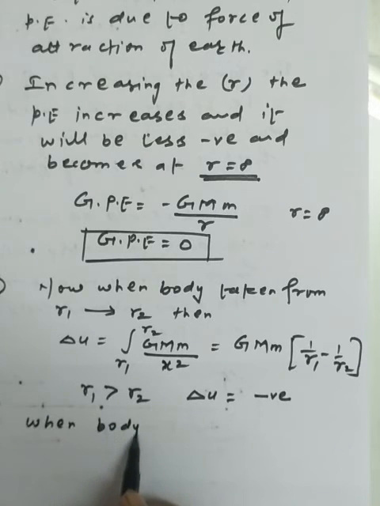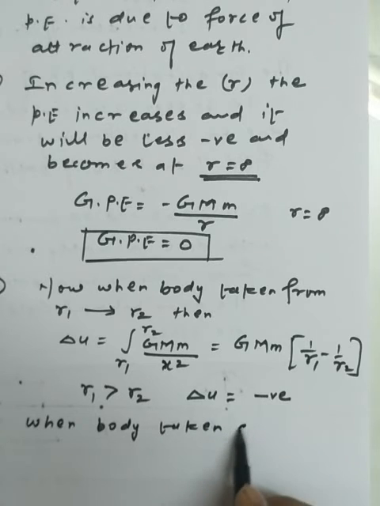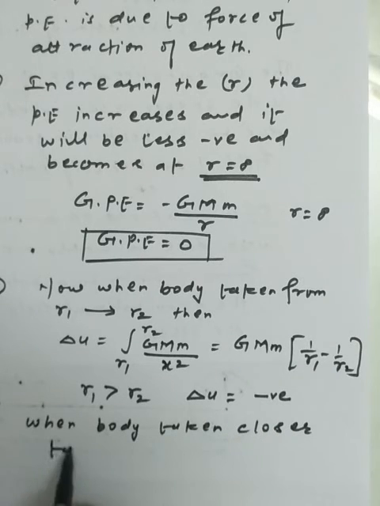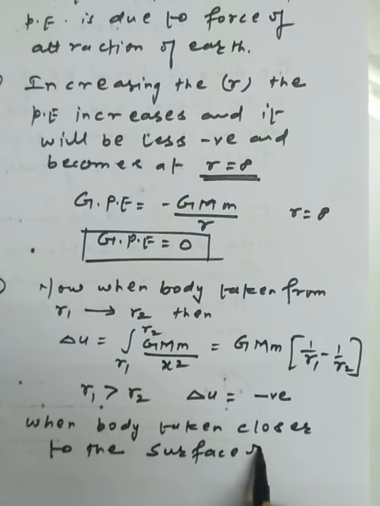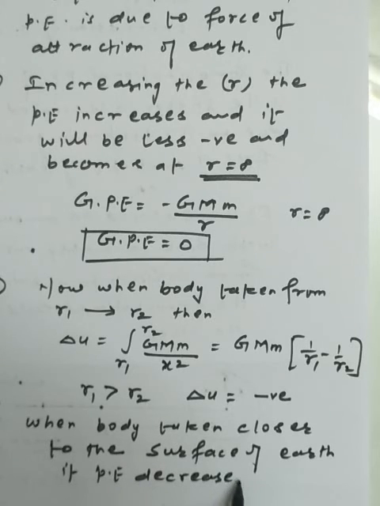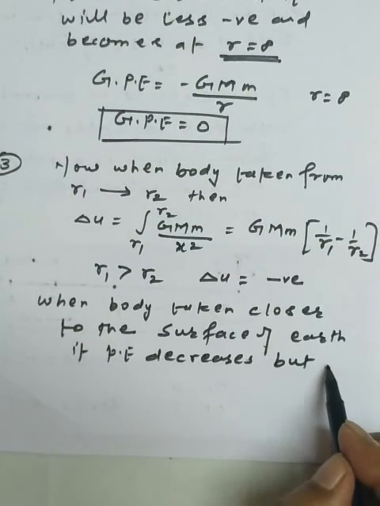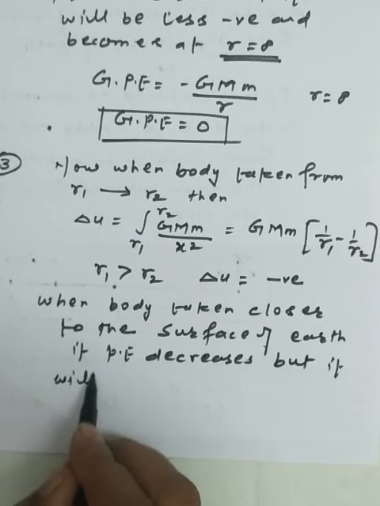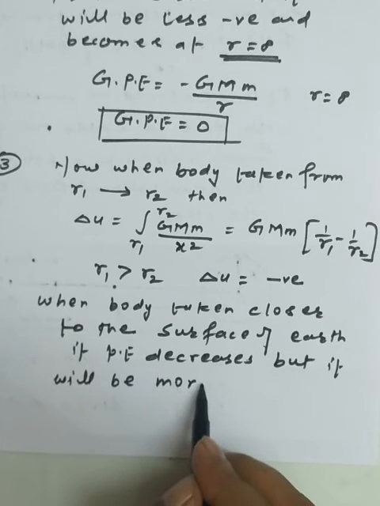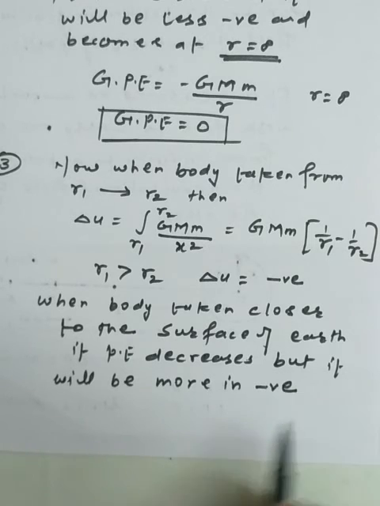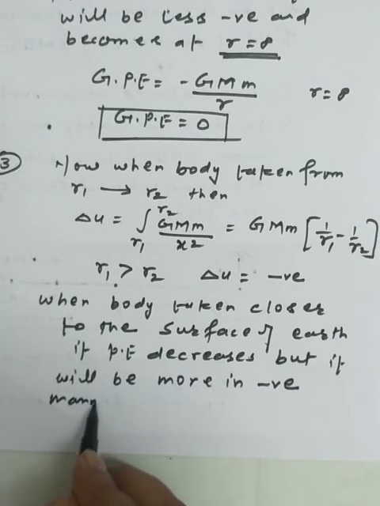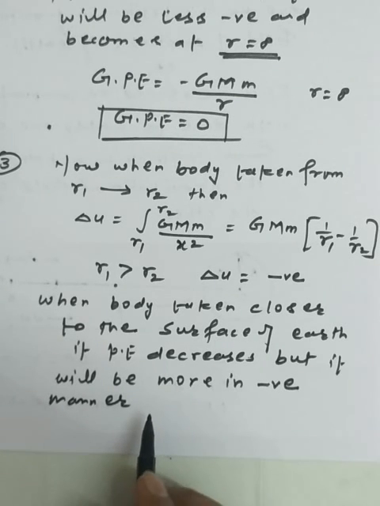When a body is taken closer to the surface of earth, its potential energy decreases, but you must consider this fact: it becomes more negative.